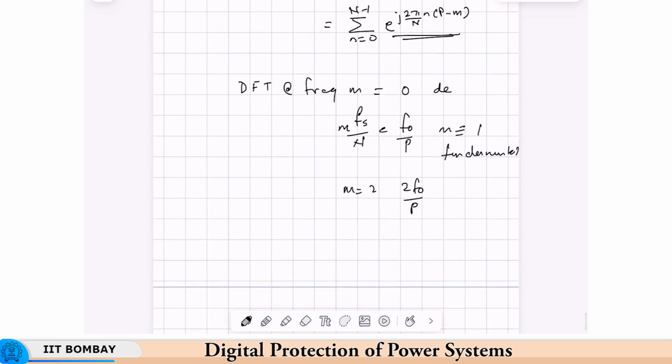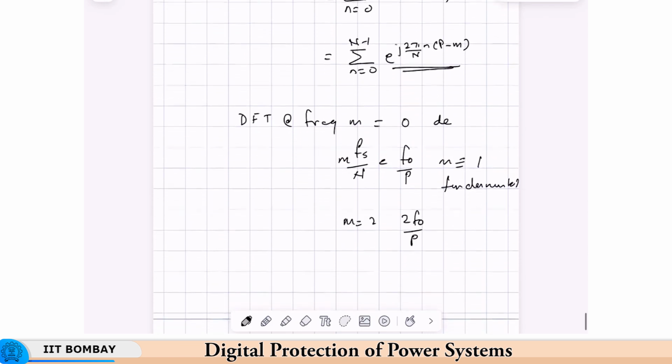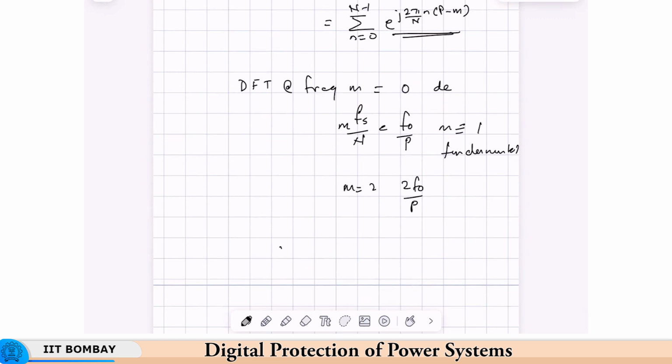So, now this expression X of m, we will simplify it further. What did we get? We got X of m is equal to the sum from n equal to 0 to N minus 1 of e raised to j 2 pi by N (P minus m) times n. So, this part we take out as a constant q.